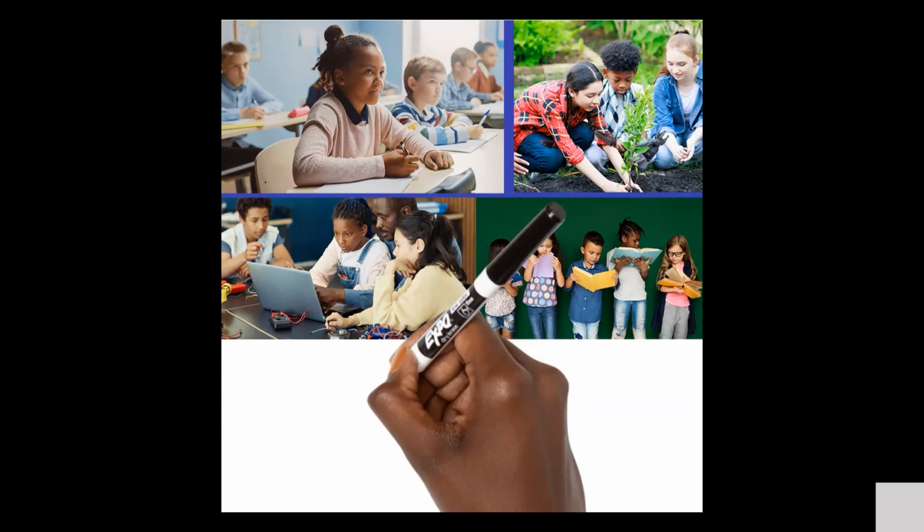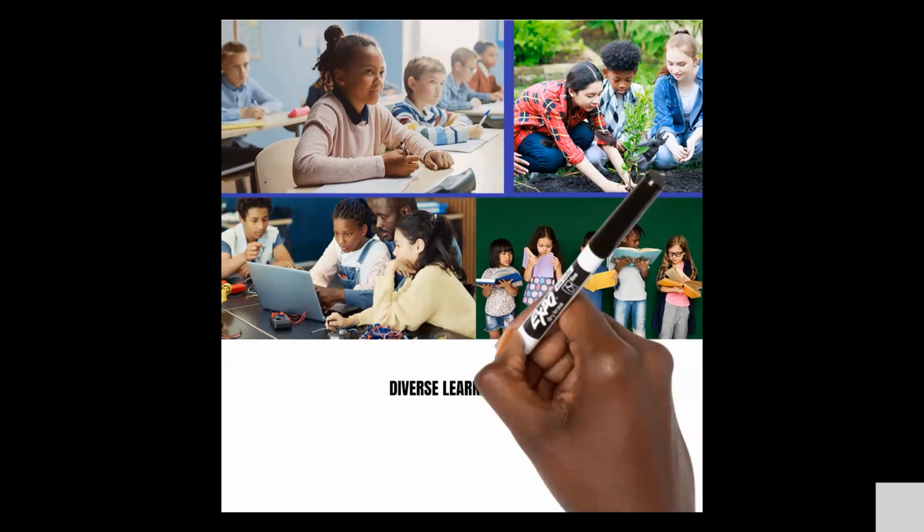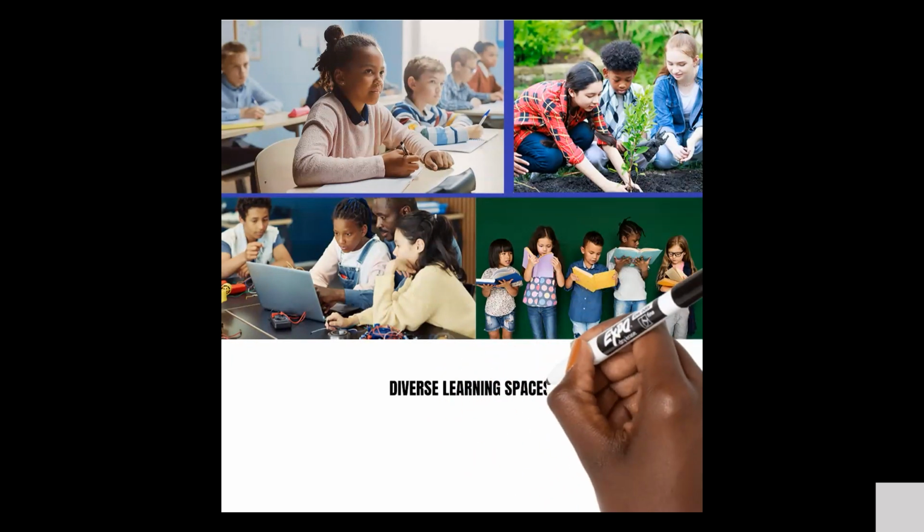And in the final scene, we glimpse the future of learning. Four images showcase children engaged in different ways. Some learned outdoors, others through hands on experience, and some still within the traditional environment. It was a harmonious blend, a testament to the idea that the future of education lies in embracing various approaches.